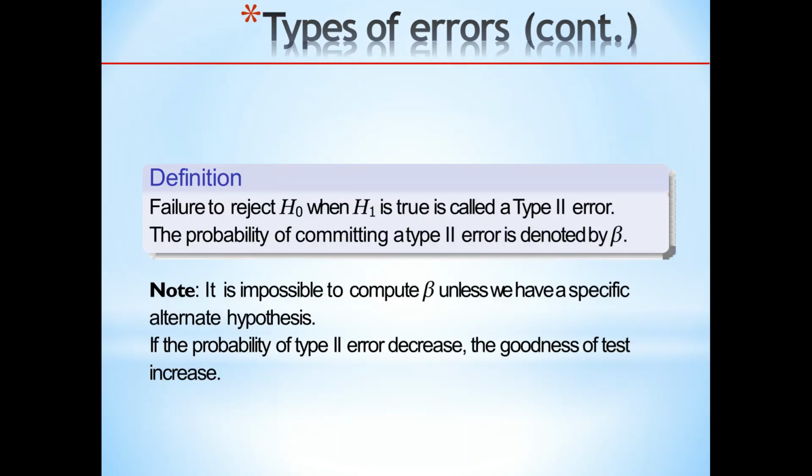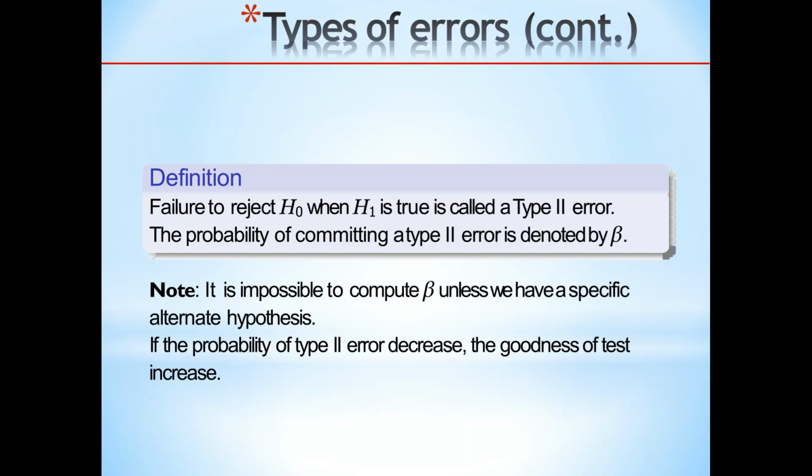Now let's talk about the type 2 error. What is this type 2 error? It is a kind of error in which we fail to reject the null hypothesis, that is H0, even when the alternative hypothesis, that is H1, is true.